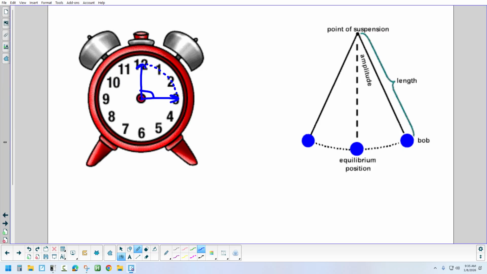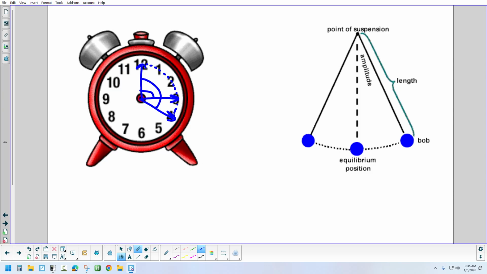But what if the minute hand went from 12 to 4? How would you figure out the size of that angle? We need to know the arc length and radius. We wouldn't need to know that on a clock because everything's equally spaced.